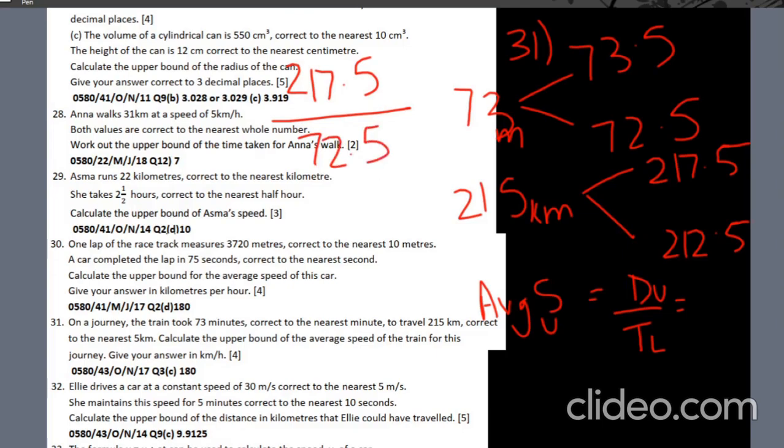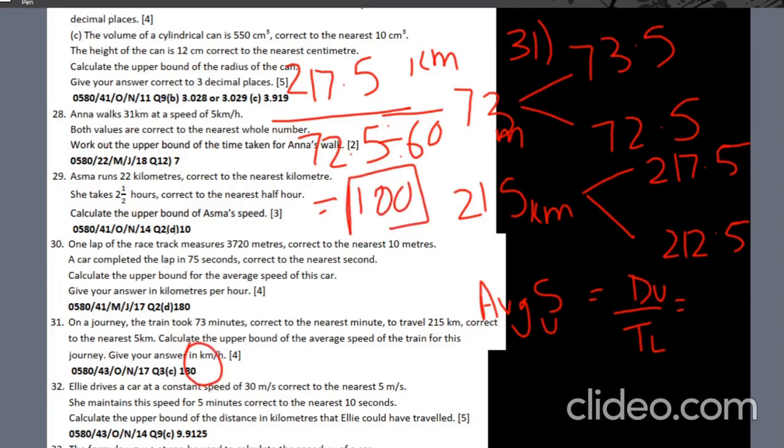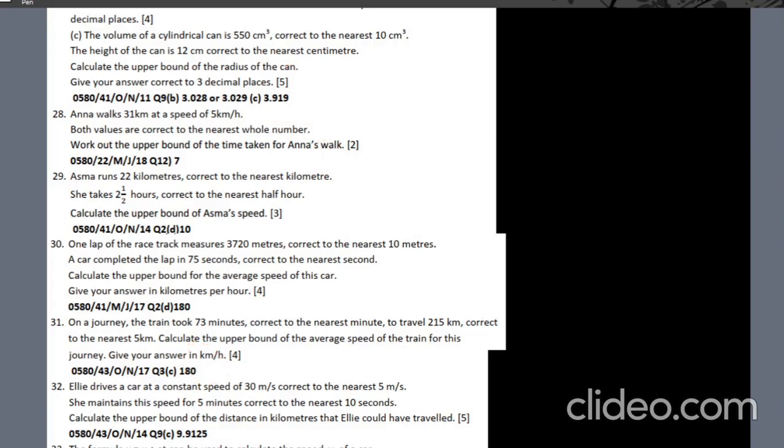Again we need to convert this into kilometers per hour. So 217.5 is already in kilometers and 72.5 is in minutes, divided by 60. So enter this fraction in your calculators. The answer is 180 kilometers per hour for part 31. Part 32.